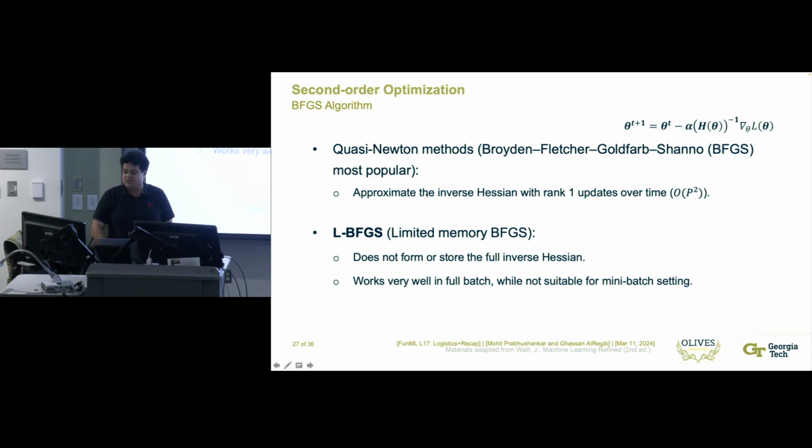But the difference between BFGS and LBFGS is that it does not form or store the full inverse Hessian. You will do dimensionality reduction along with the rank 1 updates. You're basically compressing your matrix itself, the Hessian matrix, and storing it and using it within the LBFGS algorithm rather than just doing a rank 1 update on top of it.